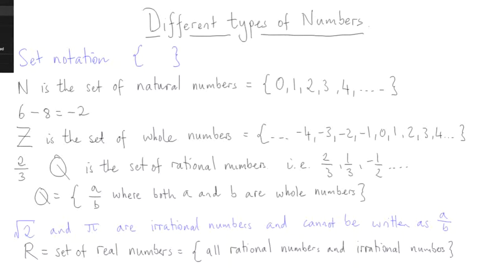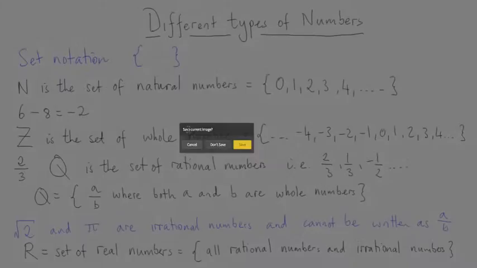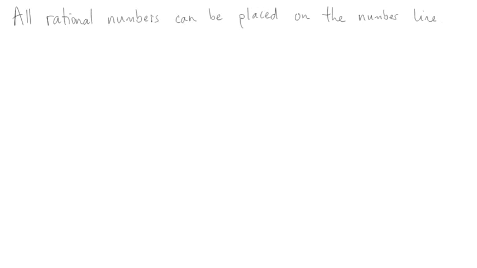Let's take a new slide. All rational numbers that we know can be placed on the number line. So let's draw a very crude number line.